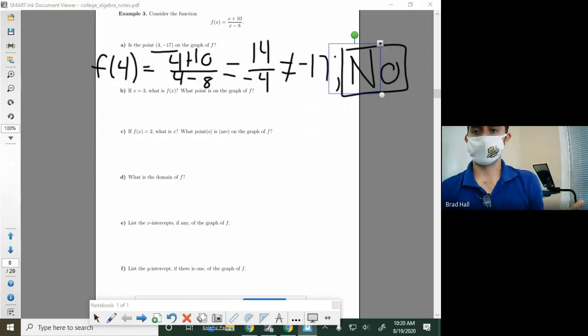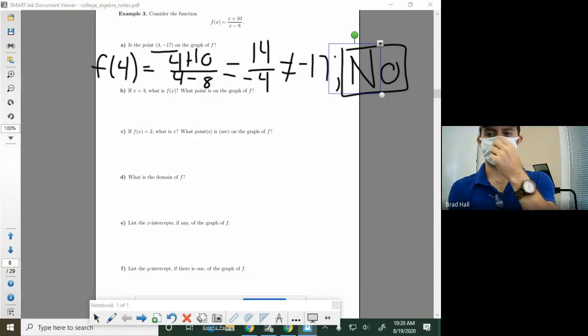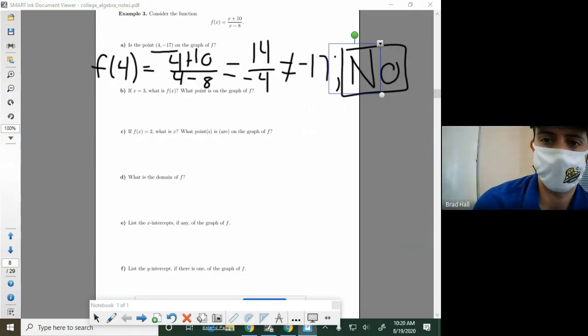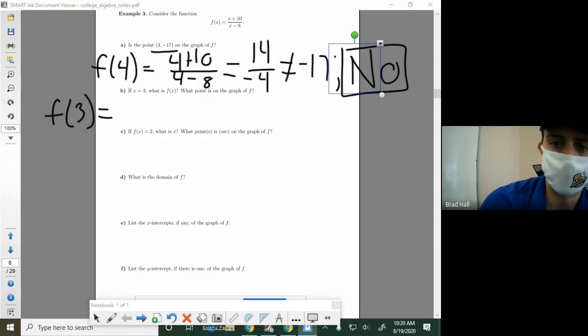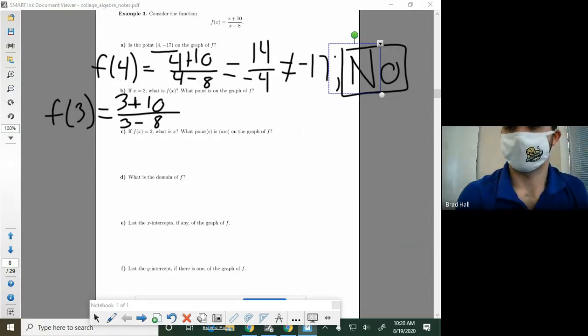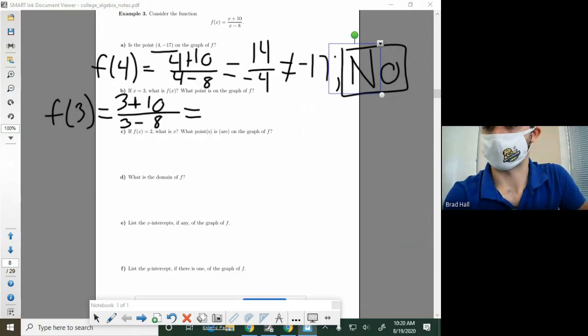So part B, it says, all right, well, let's find a definitive point on the graph. If x is equal to 3, what is y? Let's see, maybe I'll need more room, so I'll start over here. So we're plugging in 3 for x. And so the top, we get 13.